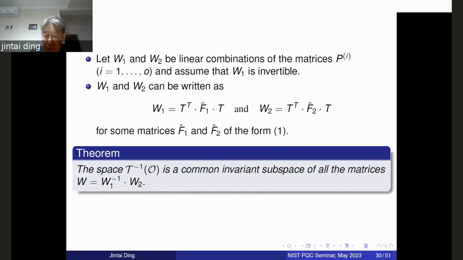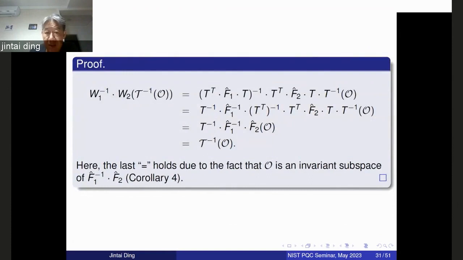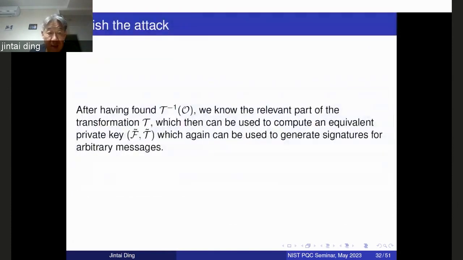That's the essential spirit of the Kipnis-Shamir attack, and the statement is very trivial. Once you find T inverse O, it's very easy. You do a change of basis: you first find a basis of T inverse O, add other vectors to form a full basis, and then apply the transformation. The new polynomial system will look exactly like the Oil-Vinegar form, because we know all the quadratic forms vanish on the subspace, and that's it.